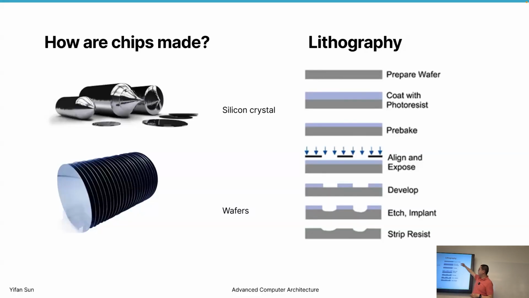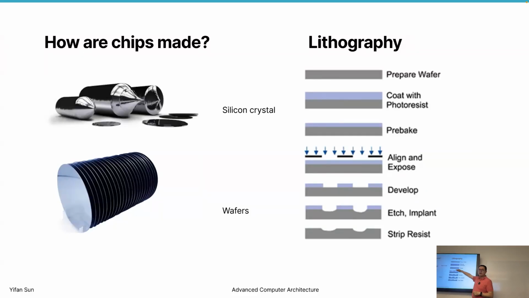Now we first put a coat of photoresist. It's a gel, right? And we pre-bake it with some technology just to make the gel more persistent. Then we align and expose. What does that mean? We put a mask on top of it. So consider how precise this mask is. A wire is nanometer level, number of atoms level, right?